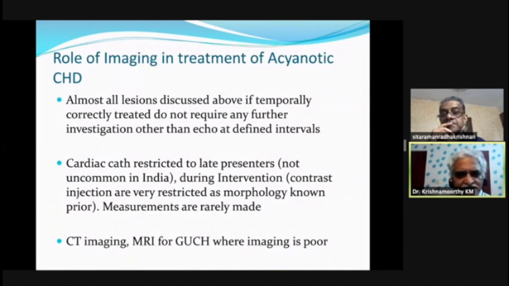So we thought we would decide on the table after TEE. But after putting the TEE probe, they behaved just like a PFO. They are all left-right ASDs. They became right-left on straining, Valsalva, and we closed them, nearly 8 to 10 patients. What is your opinion, sir?